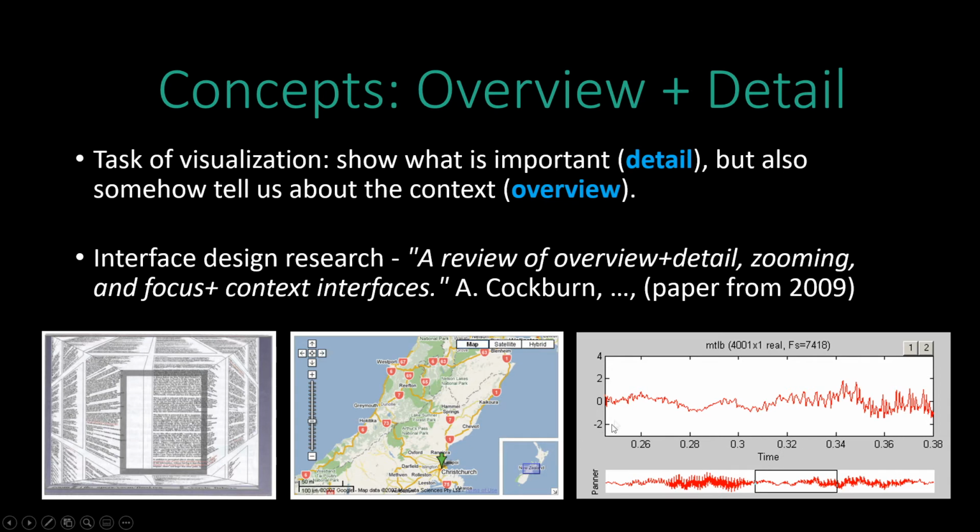And when creating some visualizations in our code as well, we should maybe keep this concept in mind, that when you show some detail of the data, you should also be able to show some sort of overview to show all the context.